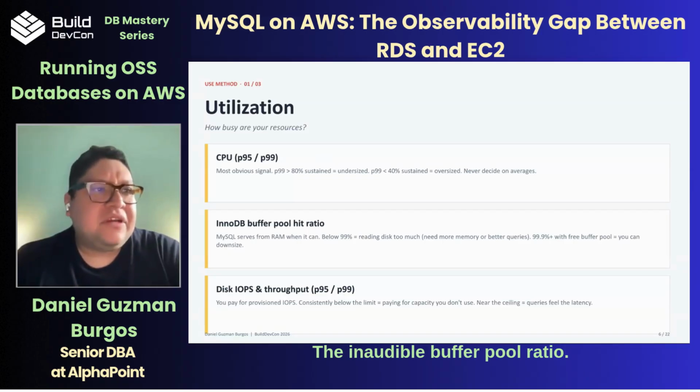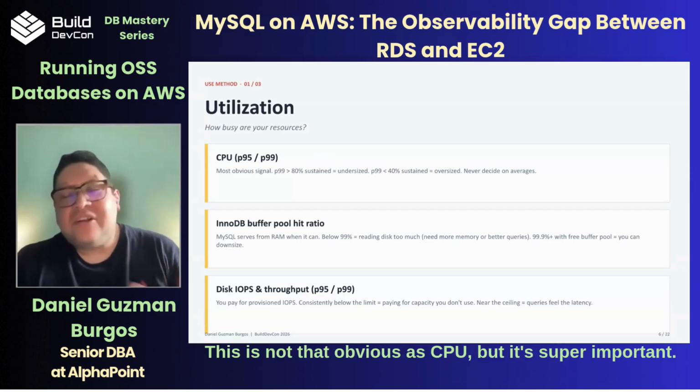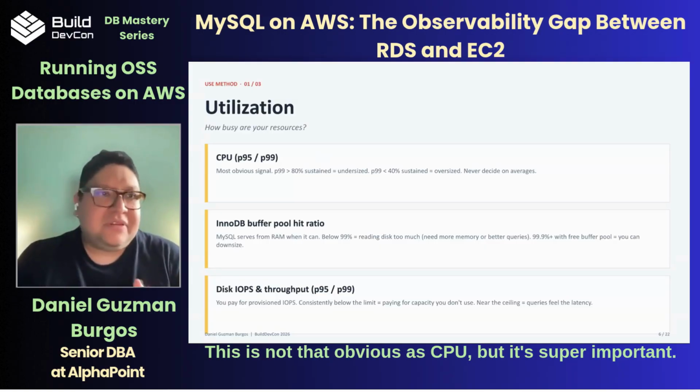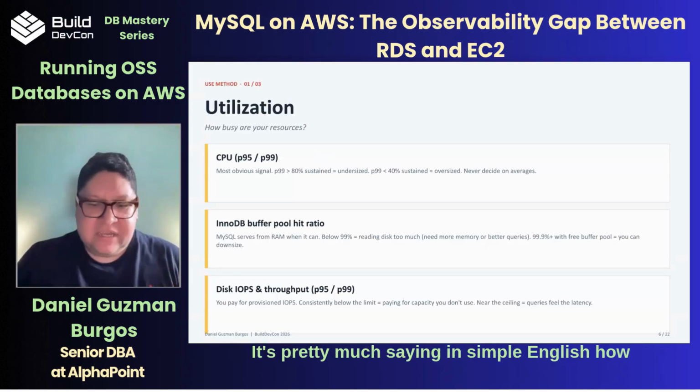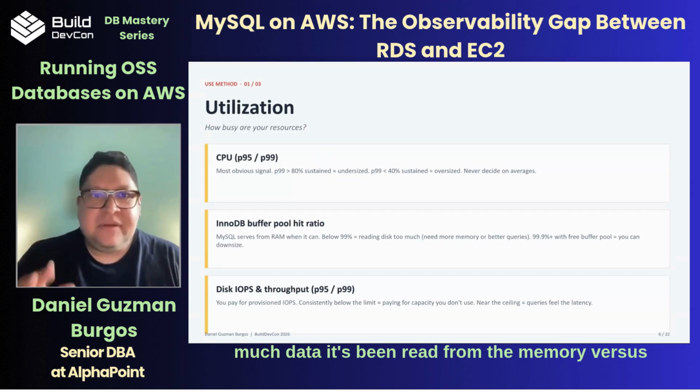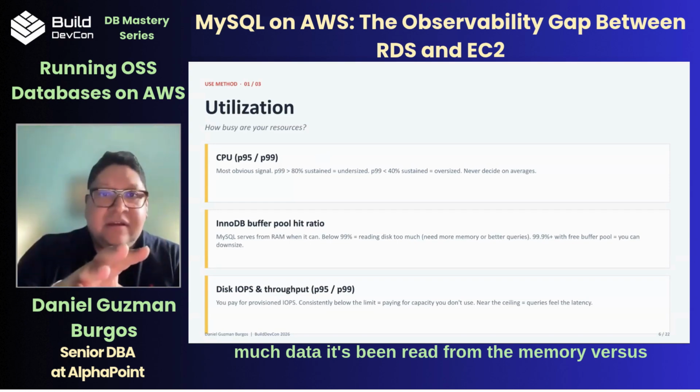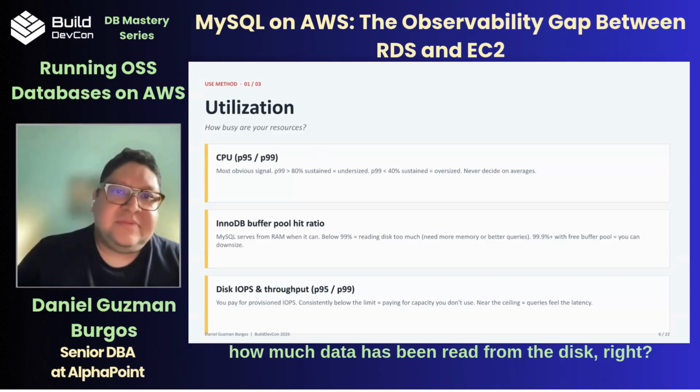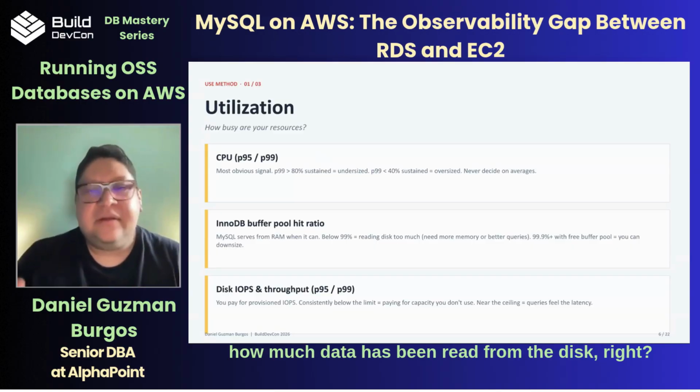The InnoDB buffer pool ratio. This is not as obvious as CPU, but it's super important. It's pretty much saying, in simple English, how much data has been read from memory versus how much data has been read from disk, right?